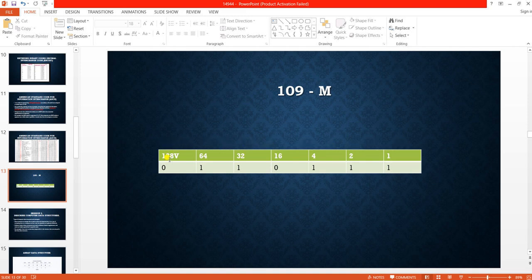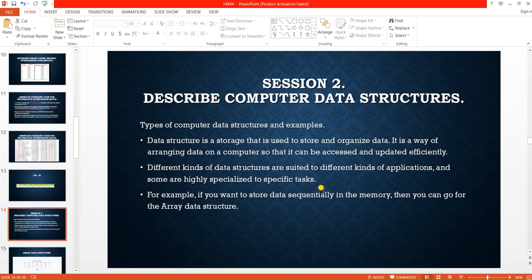And if maybe these arrays are full and I want to save to the last array, obviously I will have to apply in sequence for data to be moved from one array to another until it reaches the last. So that's what they mean if you want to store data sequentially in the memory, then you can go for an array data structure.